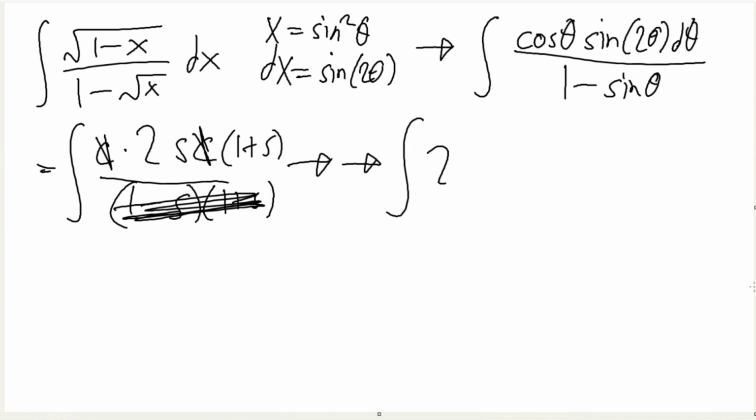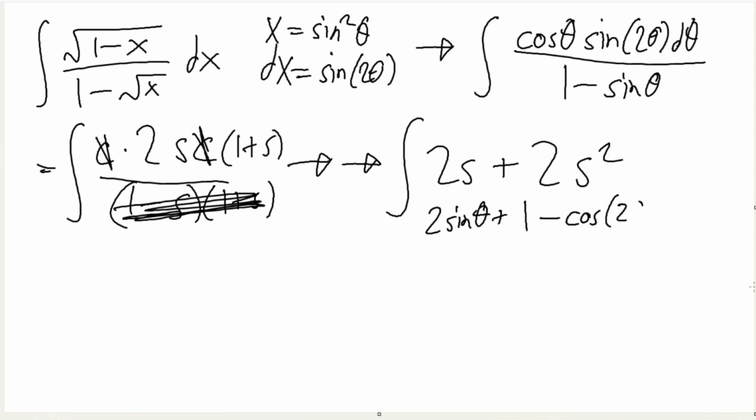So now I get 2 sine plus 2 sine squared. This is annoying. I wish I had bounds. I should have put in bounds so that I could just use Wally's trick. But here, this is 2 sine theta plus, well, this would be 1 minus cosine 2 theta now.